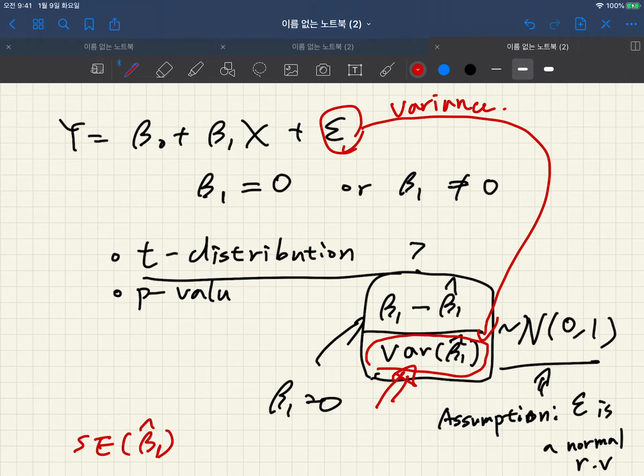We cannot obtain the exact sigma value from the training data points. This is not zero.